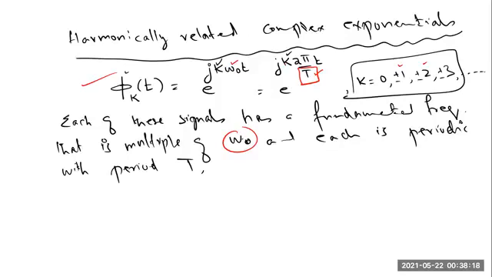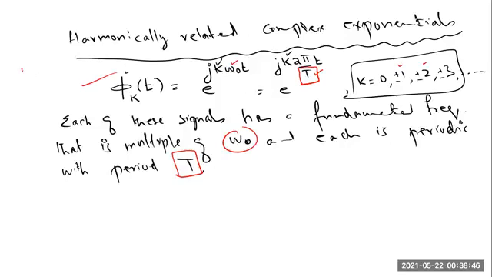Because its frequency has doubled, its fundamental period will be half, which means it will have a period of capital T by 2. But for a signal whose fundamental period is capital T by 2, capital T is also going to be the period of that signal, even though it is not the fundamental period.